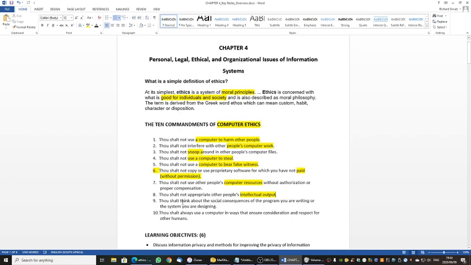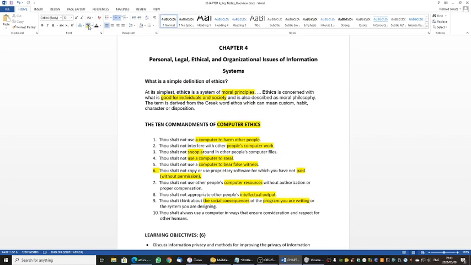You should always think about the social consequences of what you are doing when you are using a computer and writing a program. So for example, somebody writes a program such as a social media program. You should be aware of the impact that that will have on society and what you are designing.